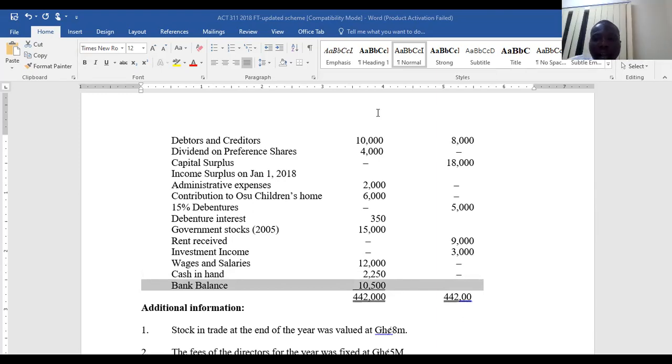Then you go to your current liabilities. So where do we write the 29,750? In the second column. All the current asset items appear in the second column. Oh, okay.